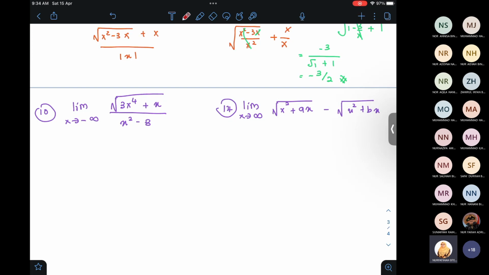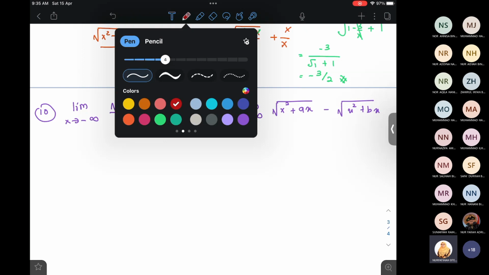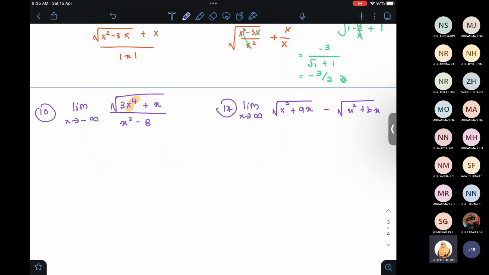Okay, firstly, we are going to identify the highest degree in our radical. So the highest degree is x to the power of 4. By using the definition of the modulus, we have square root of x to the power of 4.